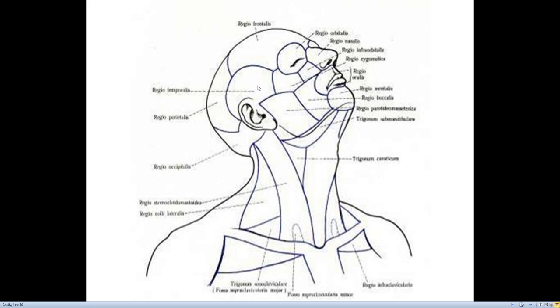That's why in the books it is usually described together with the regions of the calvaria of the skull.